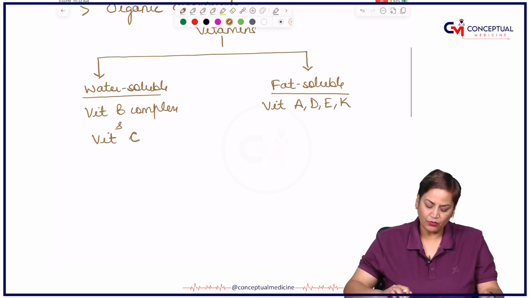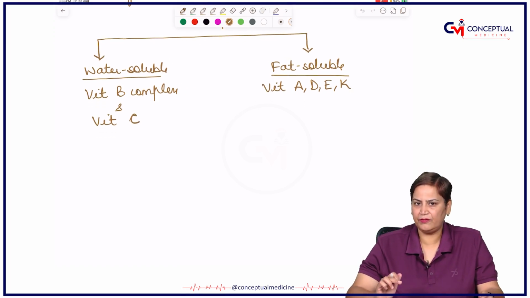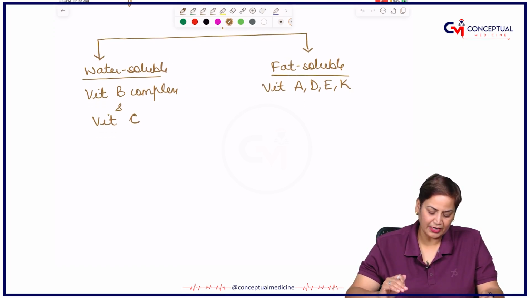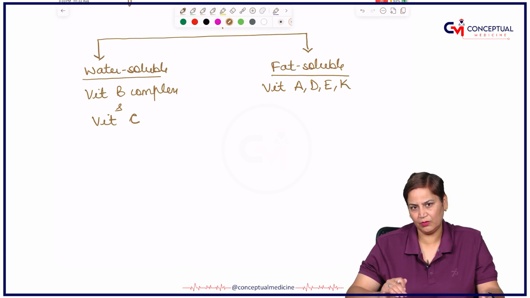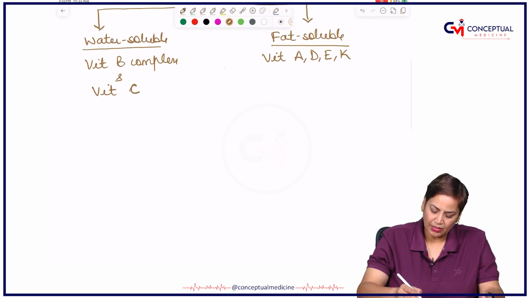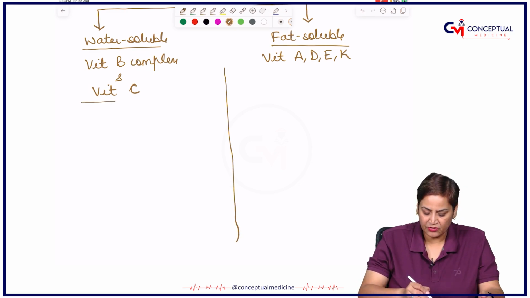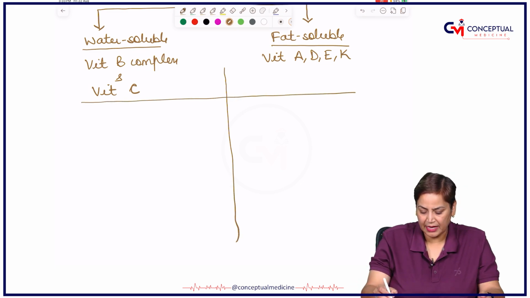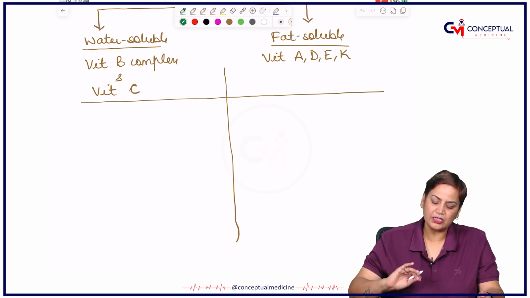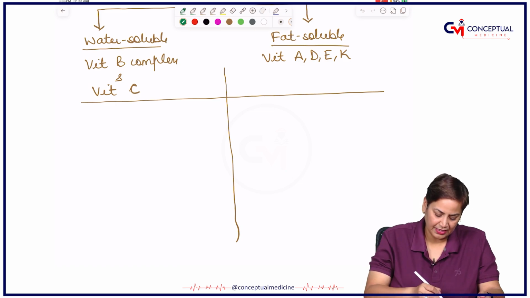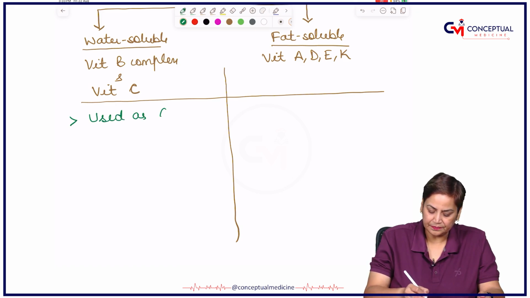Now, what are the major differences between water soluble and fat soluble vitamins? Because now we have to concentrate on the biochemical reactions, the most important difference is that water soluble vitamins are always used as coenzymes. Very, very important.